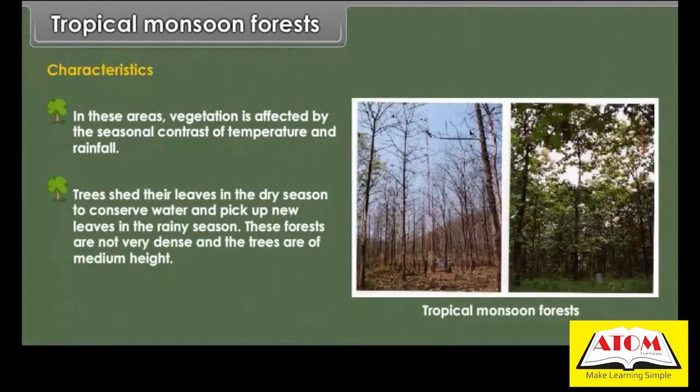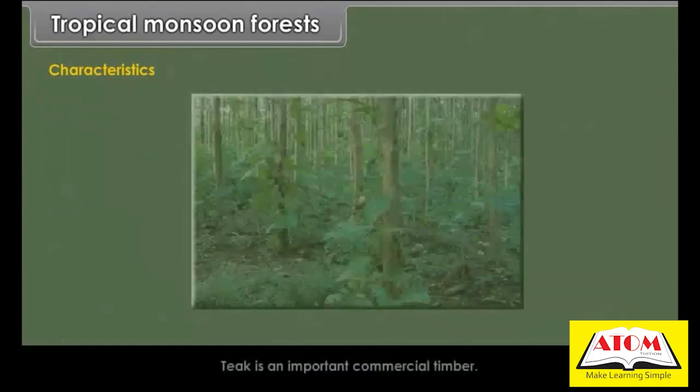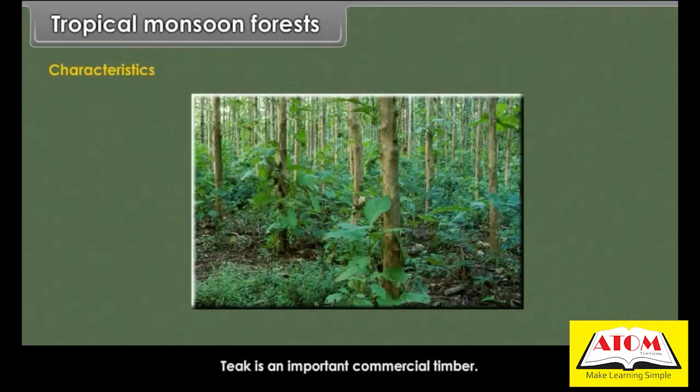Trees shed their leaves in the dry season to conserve water and pick up new leaves in the rainy season. These forests are not very dense and the trees are of medium height. Teak is an important commercial timber.